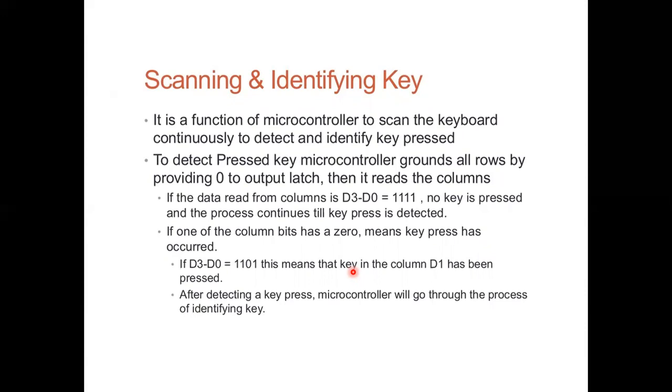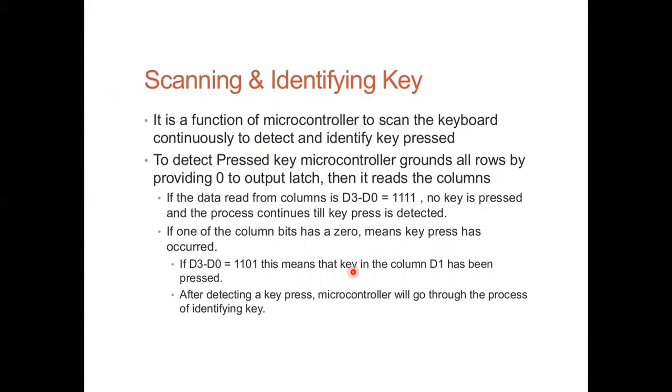If the data read from columns D3 to D0 is equal to 1111, no key is pressed and the process continues till a key is pressed. If one of the column bits is 0, it means a key press has occurred. If D3 to D0 is equal to 1101, this means the key in D1 has been pressed. That is, D1 is 0.